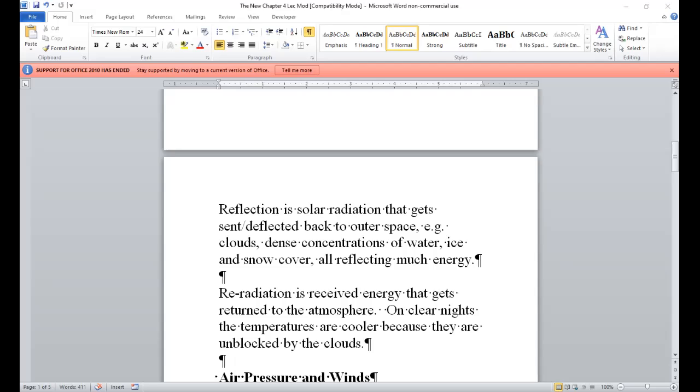For example, clouds, dense concentrations of water, ice, and snow cover, all reflecting much energy. Re-radiation is received energy that gets returned to the Earth's atmosphere. For instance, on clear nights, the temperatures are cooler because they are unblocked by the clouds. If you take a look at the illustration on page 79, you can see that.